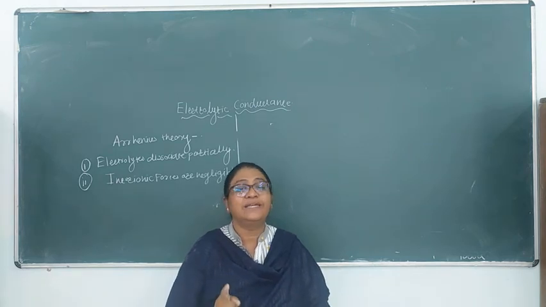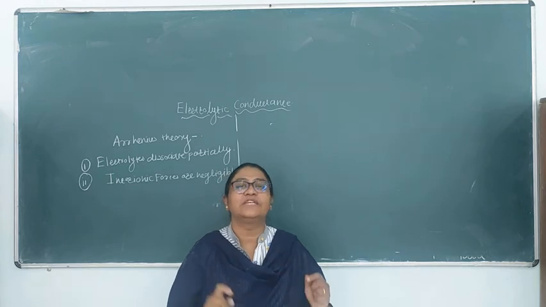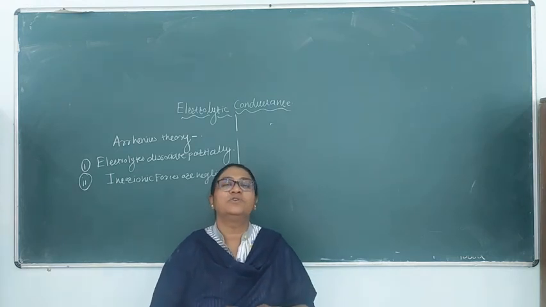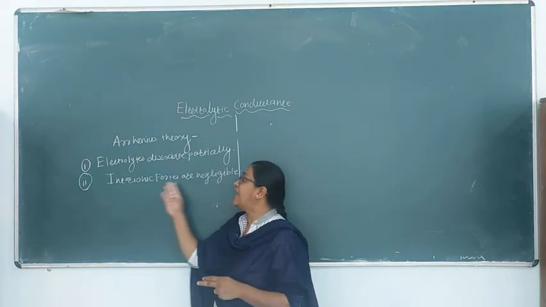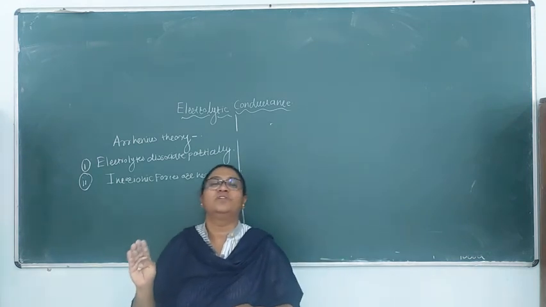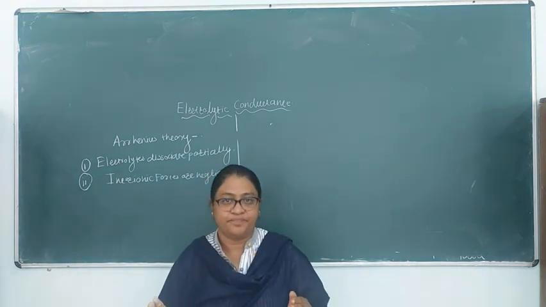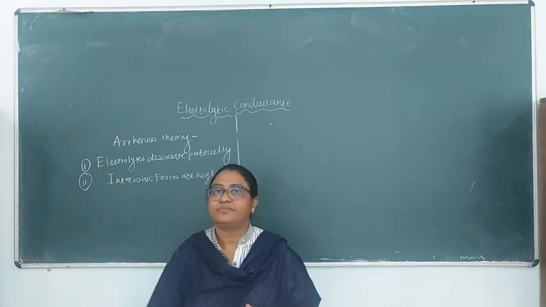That is true, but in case of the weak electrolytes only, it is not true in case of the strong electrolyte. So this was the second drawback of the Arrhenius theory, that the interionic forces are negligible. This is true only in case of the weak electrolytes. This is not true in case of the strong electrolyte.